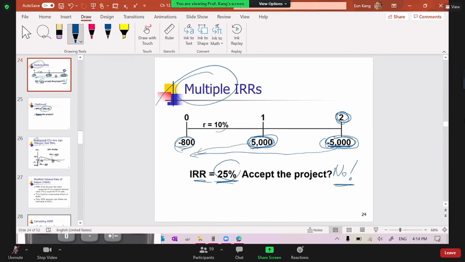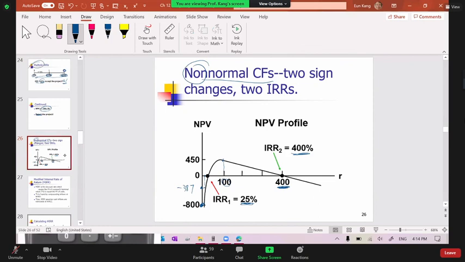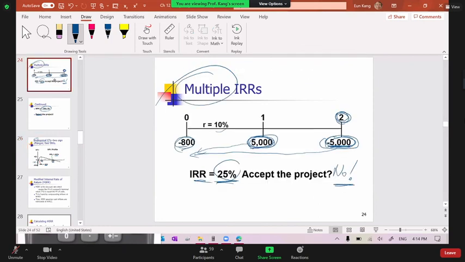But if your cost of capital is too high, let's say more than 400%, then the present value of 5,000 and the present value of minus 5,000 are very small compared to this present value of 800. This is present value already, right? This negative 800 dominates, so that present value will be negative. So it all depends on your cost of capital, right?